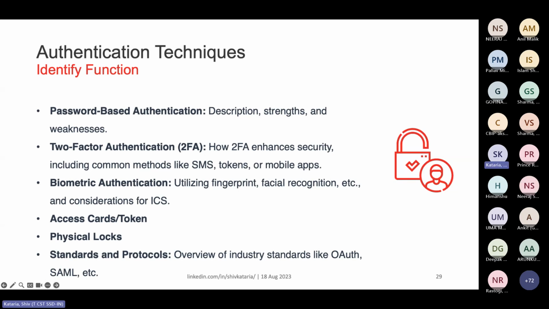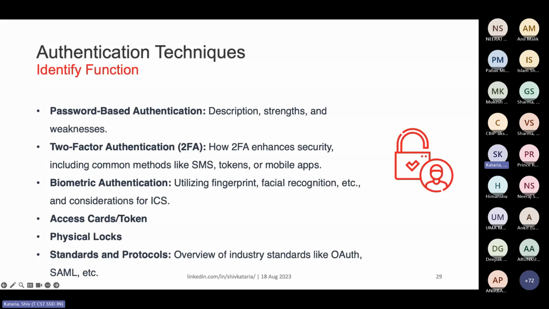There are biometric authentication devices like fingerprint, face recognition, etc. Then we have access cards and tokens, which are typically used in ICS. We also have physical locks. They are used specifically to lock a specific function of a controller.